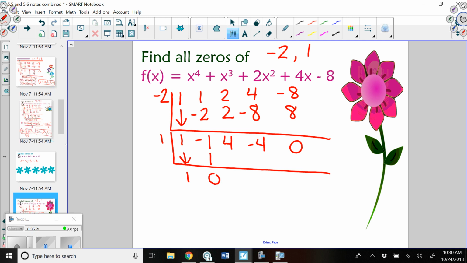All right, here's the hard math. Multiply, add. Oh, good. Multiply, add. All right, we're good. So I started x to the fourth. I did synthetic twice. I'm down to an x squared. So let's put our x's back in. X squared plus 0x plus 4 equals 0.